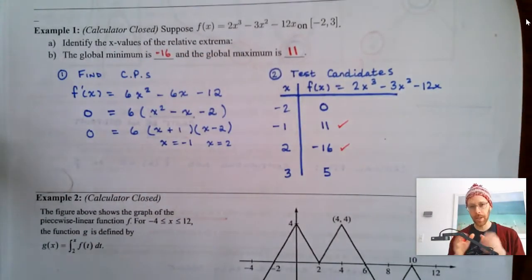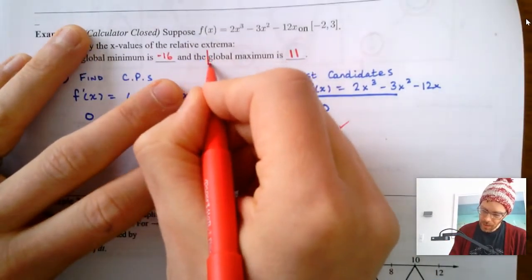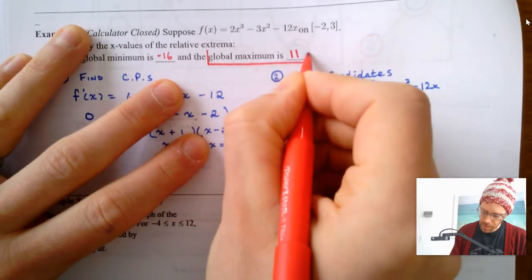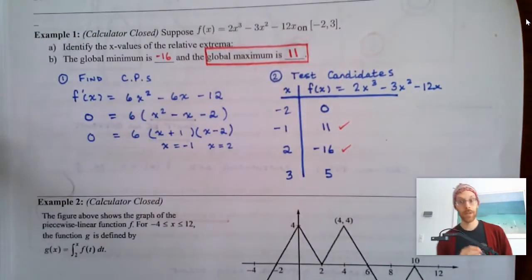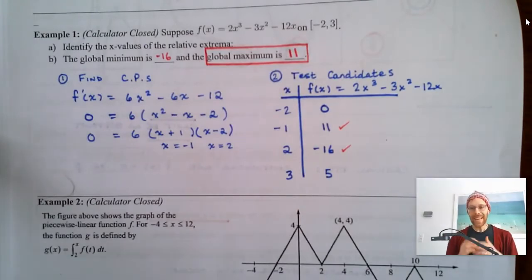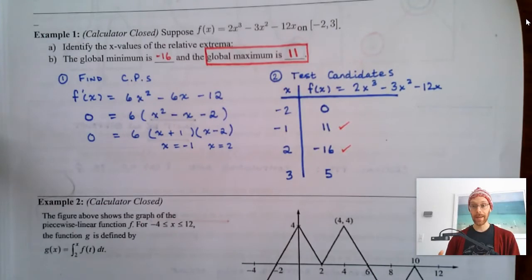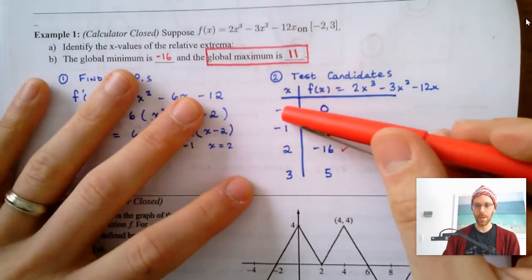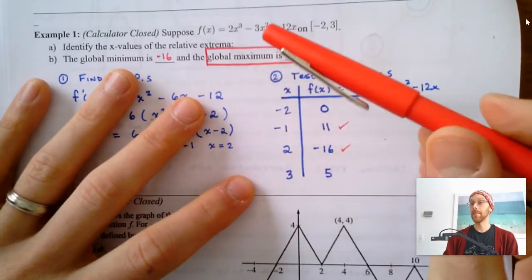Now, I'd like to go just a little bit further with example number 1 and say, let's suppose that all we wanted was this one right here, just the global max. It turns out that we can simplify matters for ourselves a little bit. We're not going to have to plug all of these numbers in because they can't all be the max.